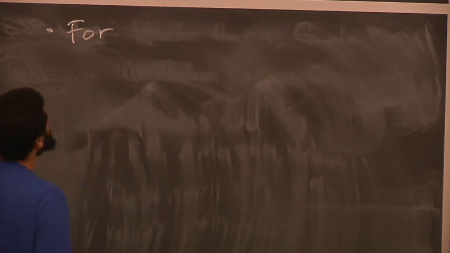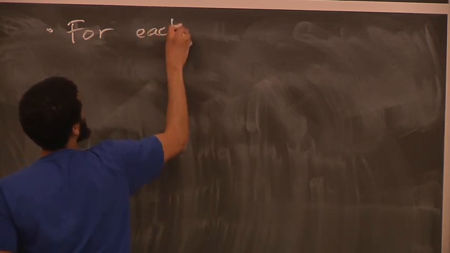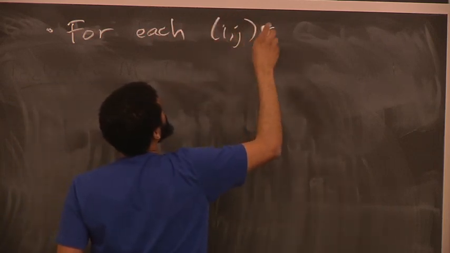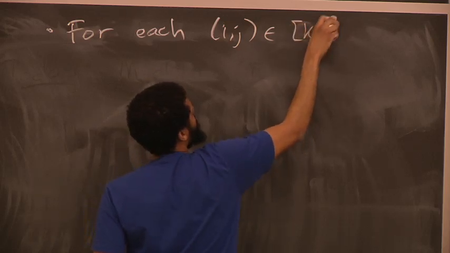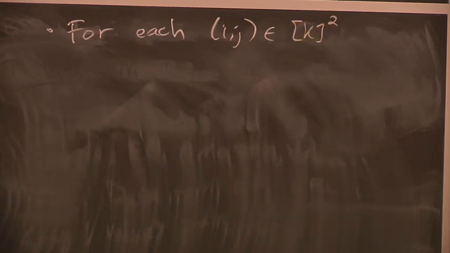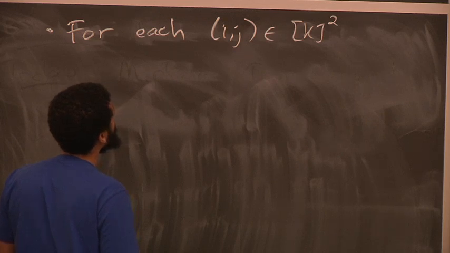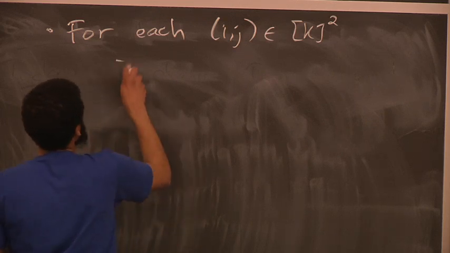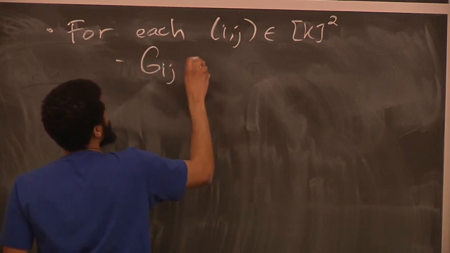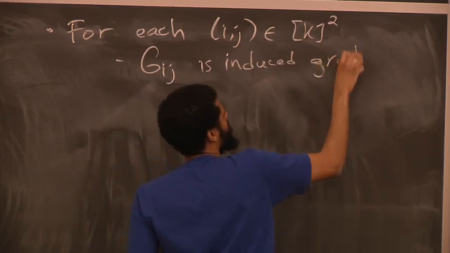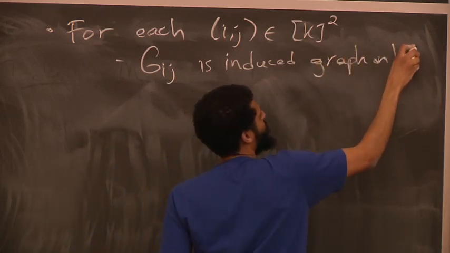So in the model that I described, for each pair i, j in k squared, for each pair Vi, Vj, I'll let Gij be the induced graph on Vi union Vj.